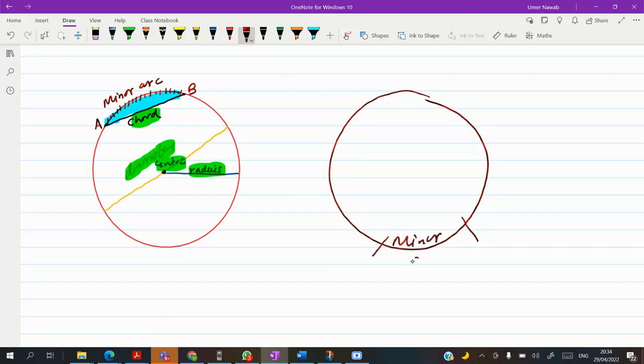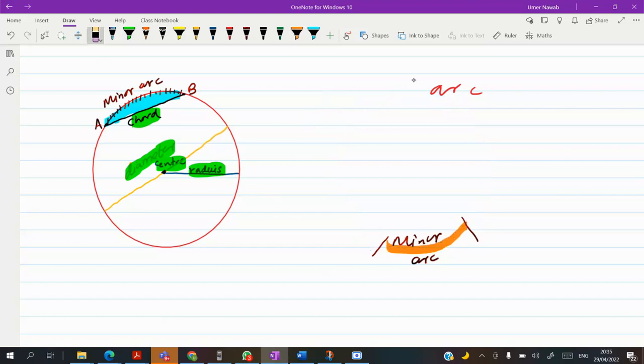This is the minor arc, and this one is the major arc. So minor arc plus major arc is the circumference of a circle.